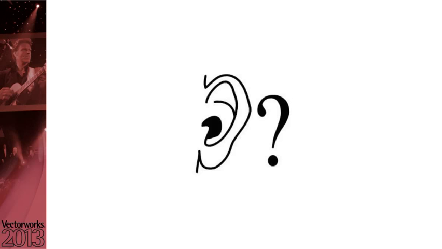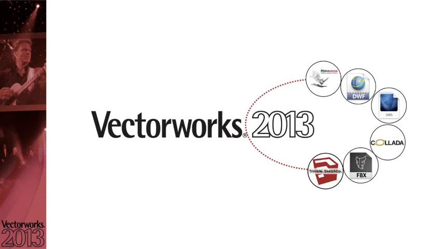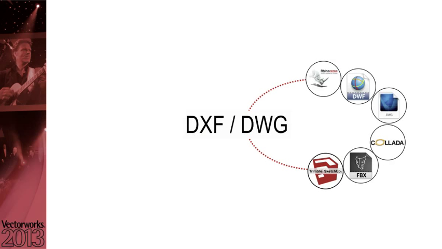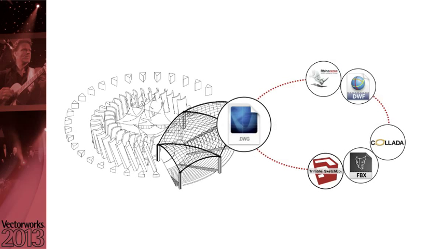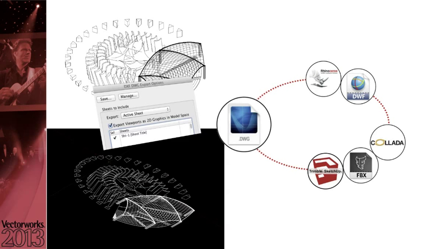You asked and we listened. With Vectorworks 2013, we've added several improvements and capabilities to the DXF DWG import and export process that will dramatically improve the interoperability process. Now you can export Vectorworks 3D objects as 2D flattened graphics in the DWG model space.